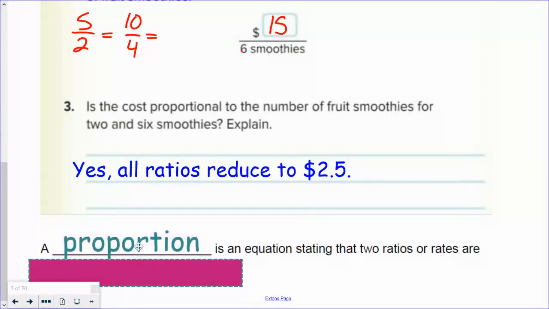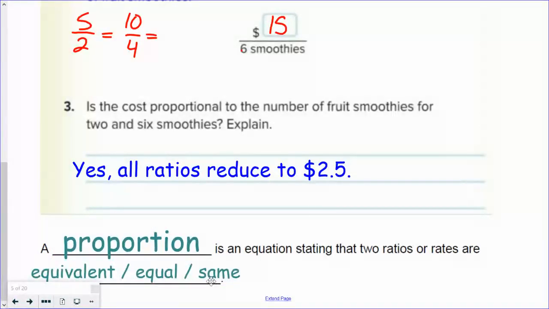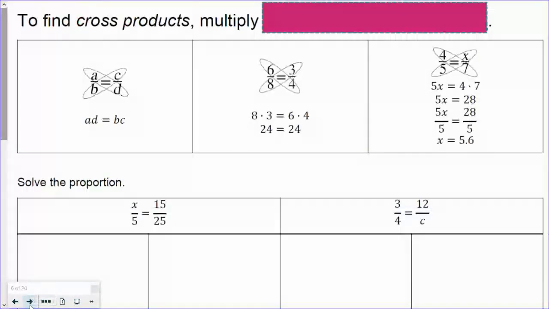So remember, a proportion is an equation stating that 2 ratios or rates are equivalent, equal, the same. All 3 words go together. Equivalent being your more mathematical 7th grade level term. So we're going to actually work with doing this.